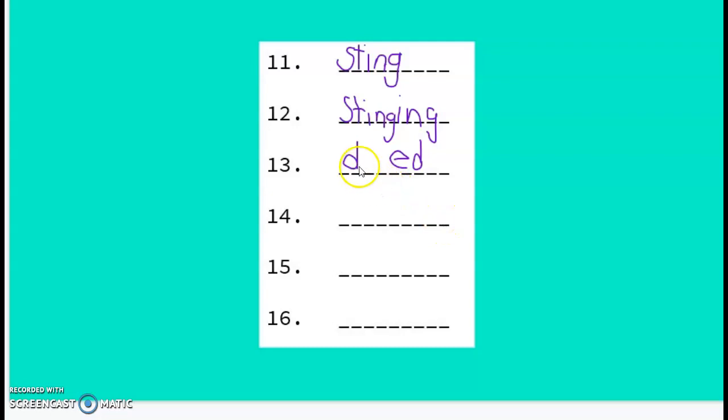It's not just a D like in 13. We need to add an ed on the end of help. Helped. L. P. What do we need to add to the end of help? Right, our suffix ed. Helped.